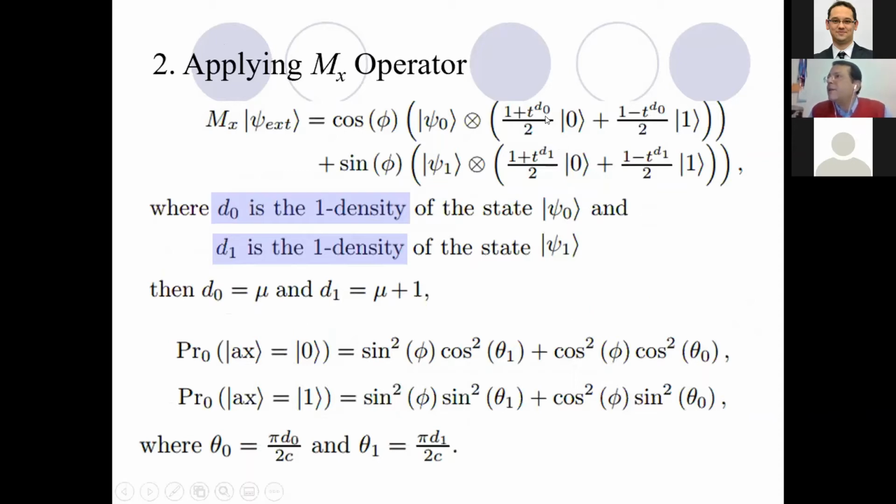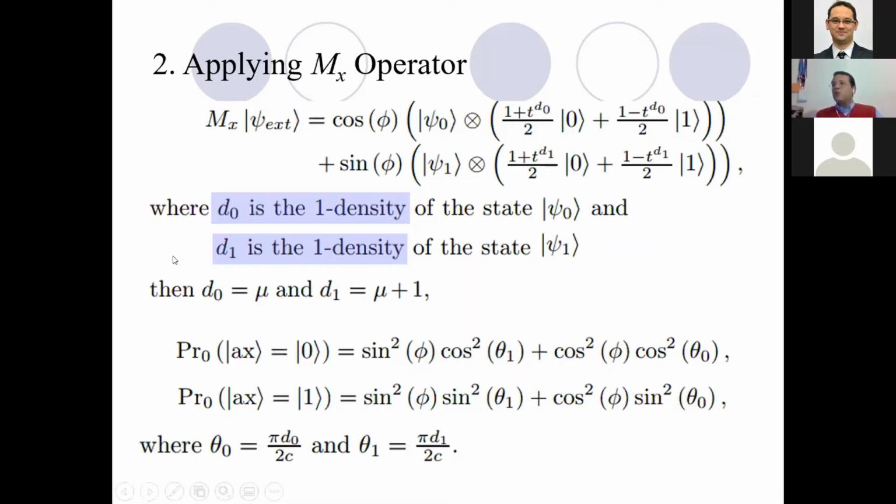Let me draw your attention that D0 is equal to mu, and D1 is equal to mu plus 1. Why plus 1? Because of the unknown qubit. So there is a difference of 1 between D0 and D1. D here is the 1 density of the operator. So the strength or parameter on the 0 part of the unknown qubit is D0, equal to mu, and mu plus 1 for the 1 part of the qubit.